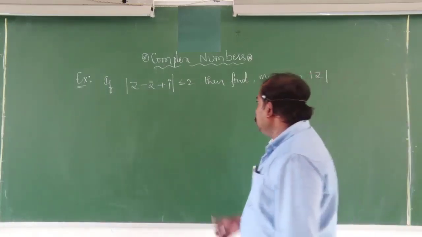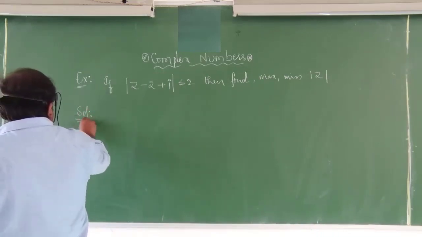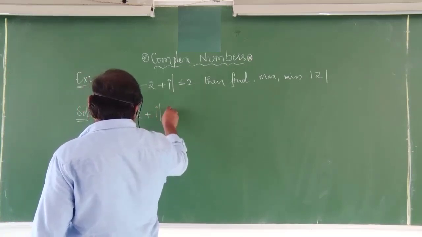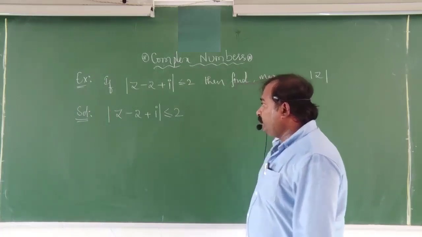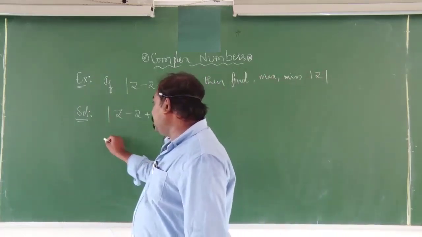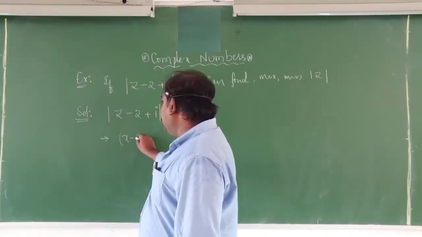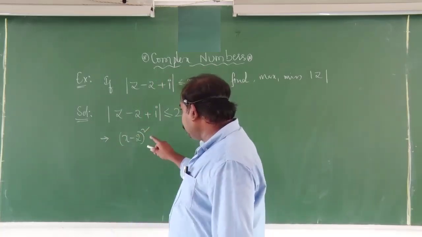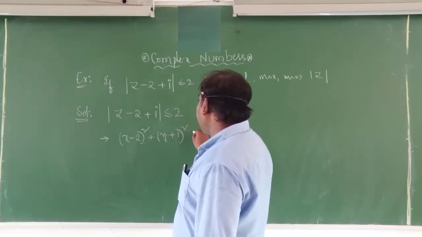How can you find it? First of all, what is the given value? Modulus of z minus 2 plus i less than or equal to 2. If I simplify this, taking z equal to x plus iy, I get x minus 2 whole square plus y plus 1 whole square.